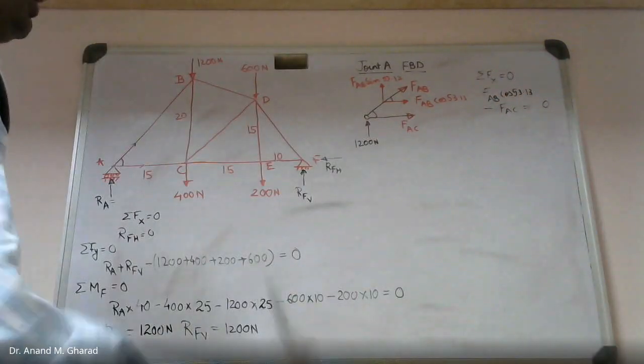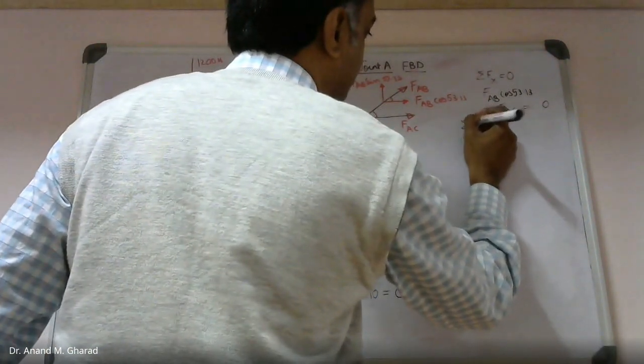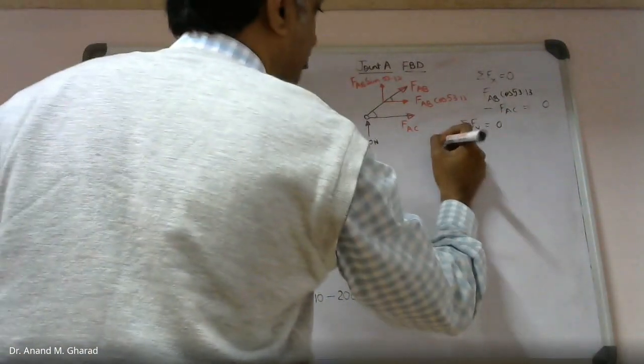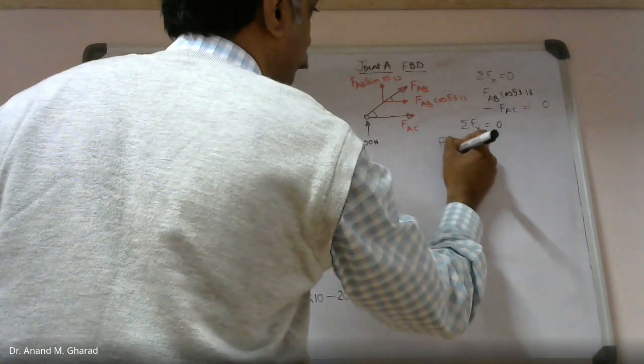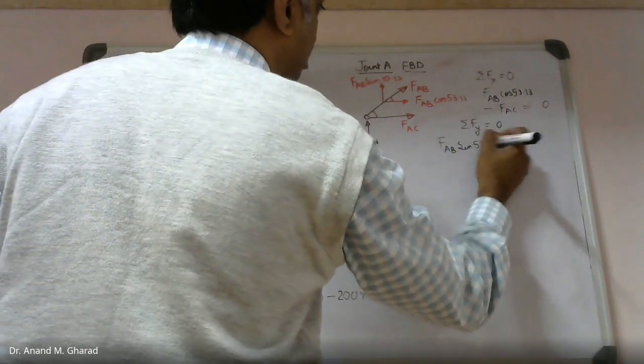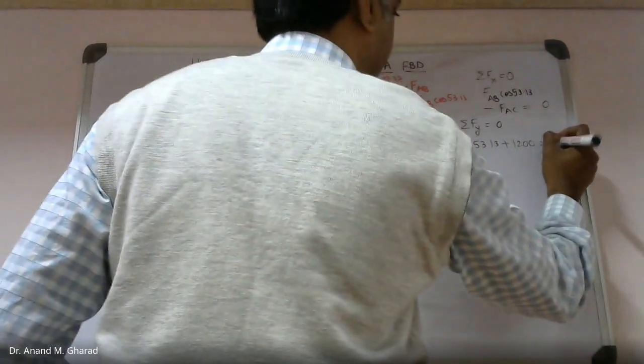There are no other forces than this. Then forces in y direction equal to 0. Force in the member AB sine 53.13, which is positive, plus 1200 equal to 0.